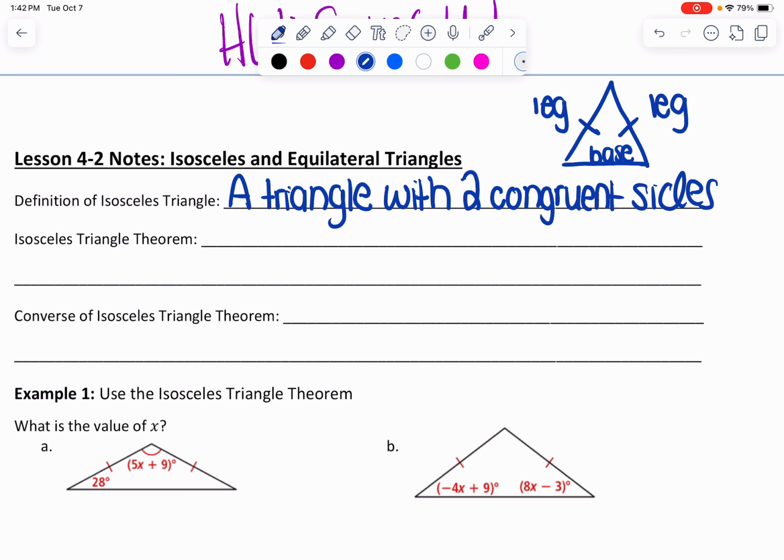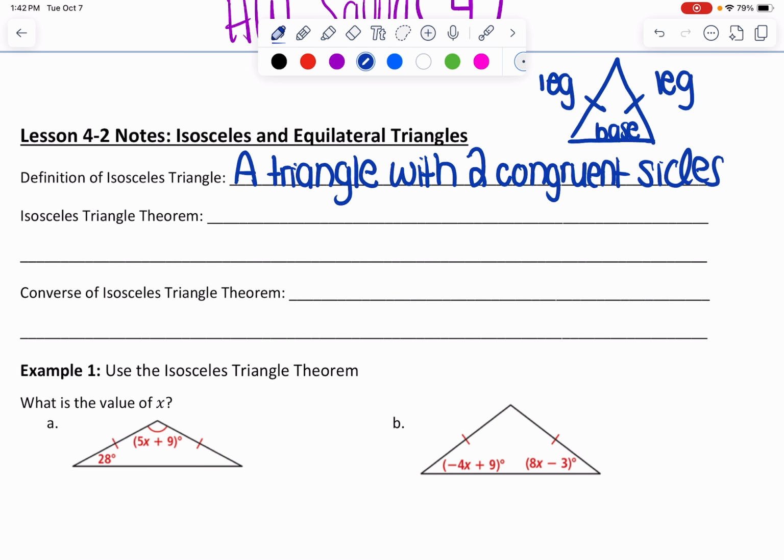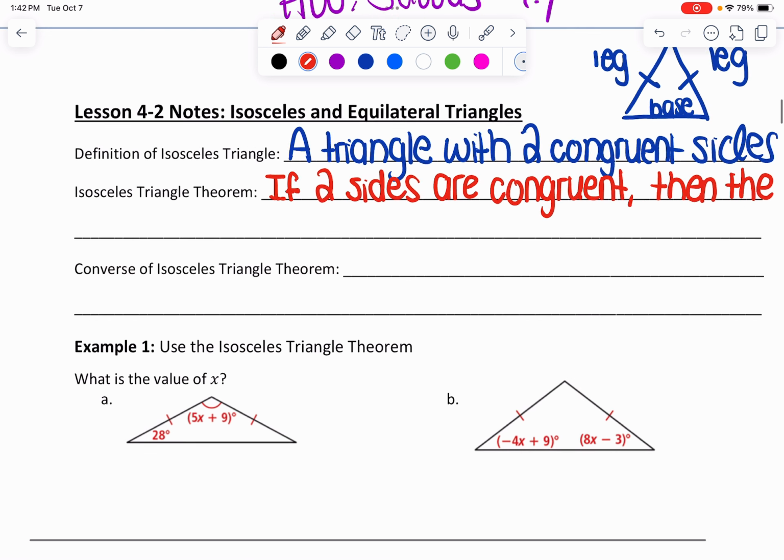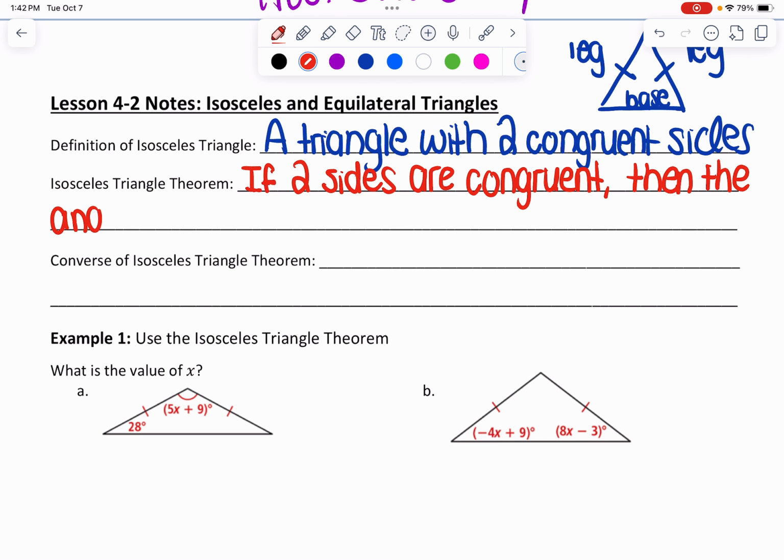Okay. So with that said, the isosceles triangle theorem is going to be basically based on the definition of an isosceles triangle. So here's what it is. It says if two sides are congruent, then the angles opposite are congruent.